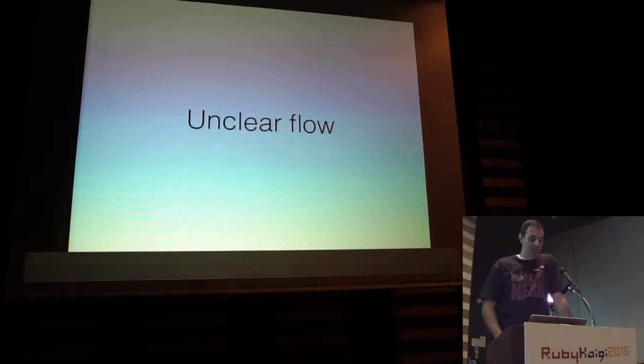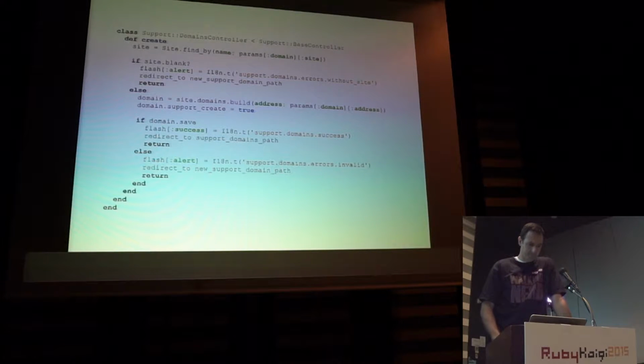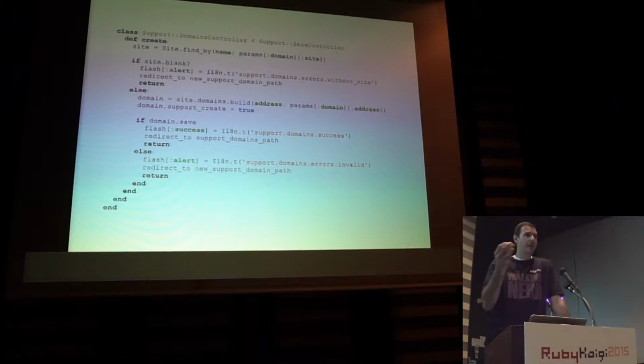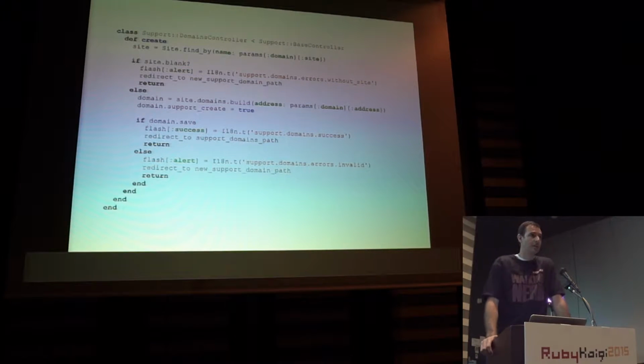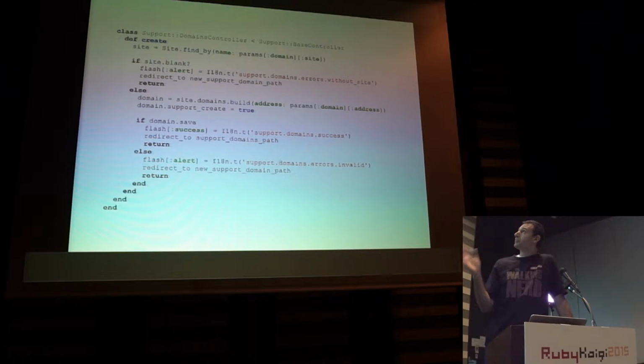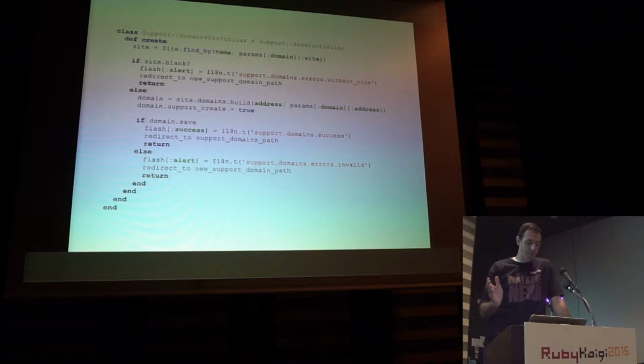Next, unclear flow. Here we have a Rails controller. I don't talk about Rails issues, just an example, okay? I will talk about Ruby. We have a Rails controller with an action to create domains.